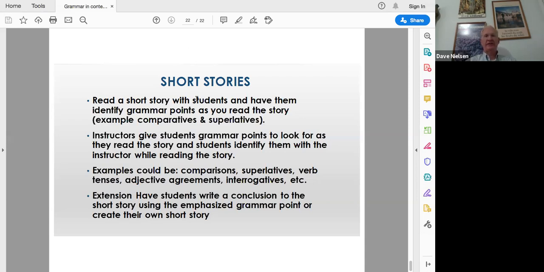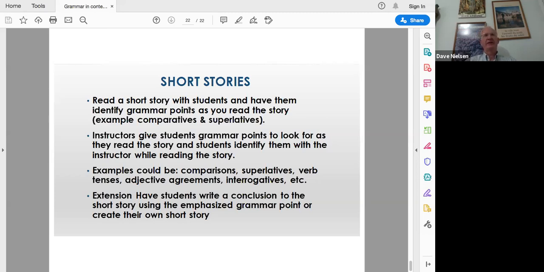And as you can see, many of these examples from the PACE model give the students the opportunity to write their own personal story, or to give their own conclusion to the story, or to write something that they have as a takeaway from the particular presentation that you've given.